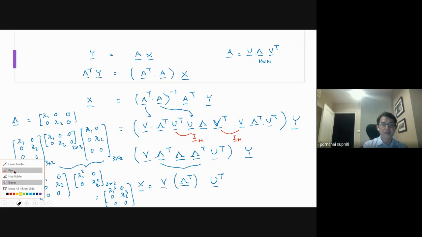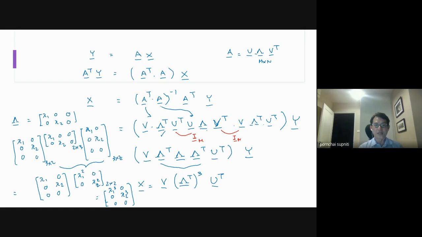Actually, it's supposed to be cubed because it's not related to the dimension. Because there are 3 A's, there are 3 lambda terms. Okay, so let me write it like this.